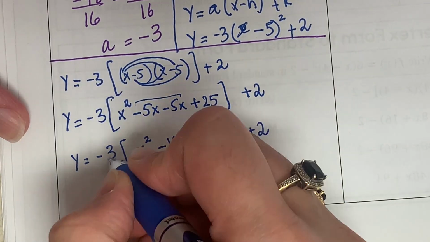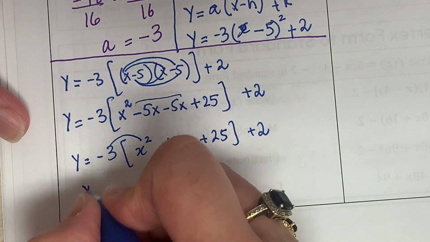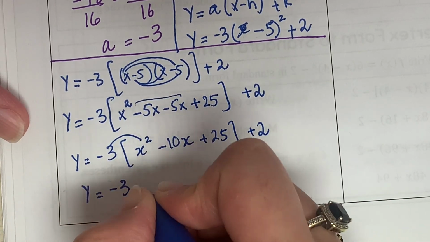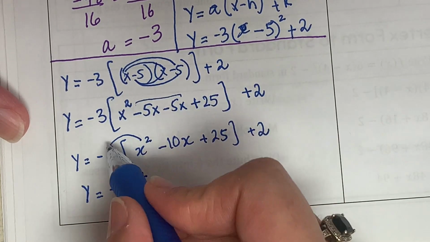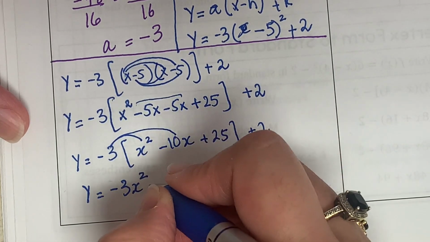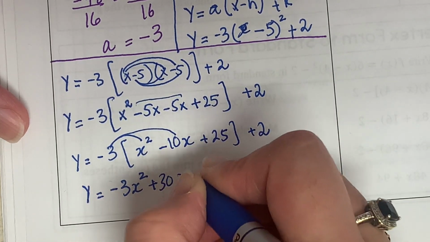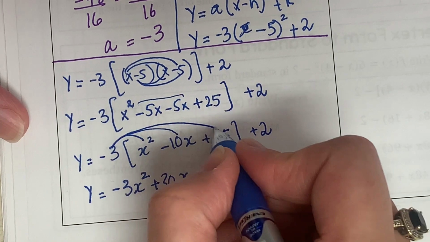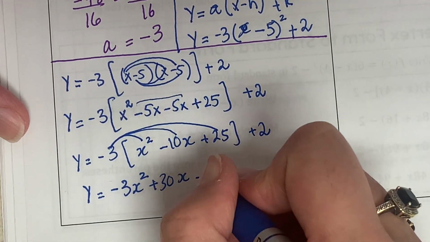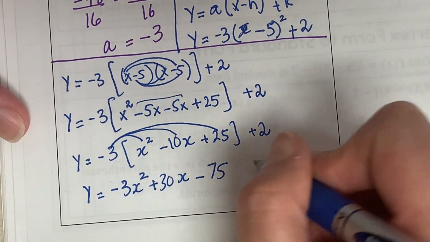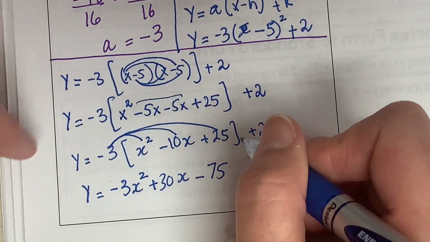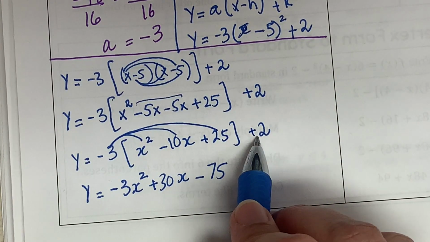Now I have to multiply these. Negative 3x squared. Negative 3 multiplied by negative 10 is plus 30x. Negative 3 times positive 25 is negative 75. So all this multiplication is done. Remember, this is a plus 2, so that's separate.